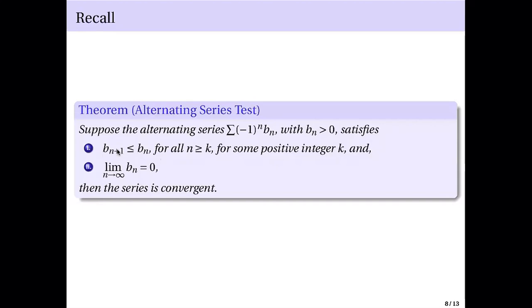And then, the second condition is the limit of bn equals 0. Then, our conclusion is that this alternating series natin ay convergent. Okay?